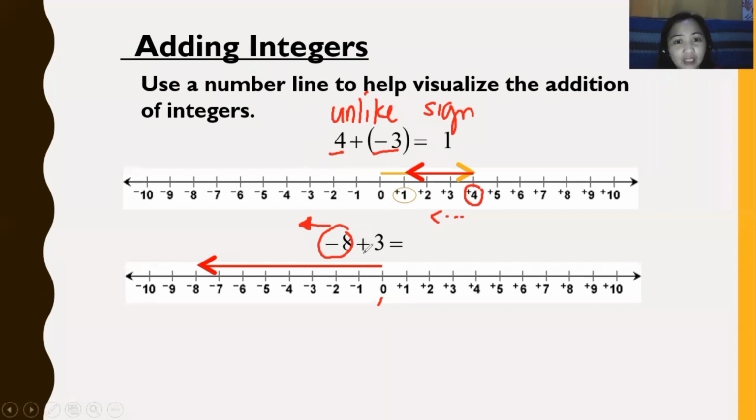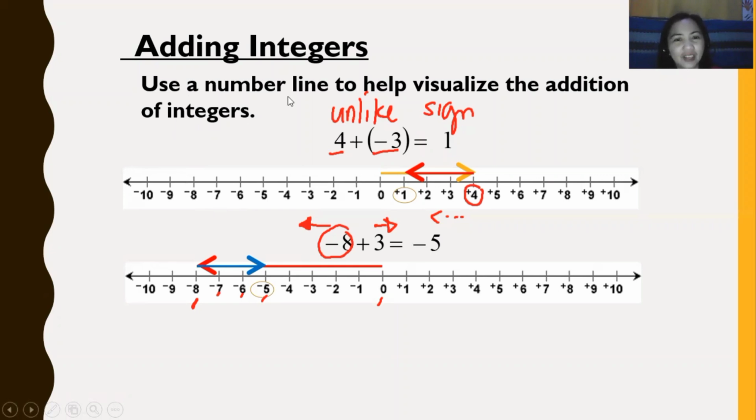Since the number is positive, our counting should be going to the right. From negative 8, we will count 3 units to the right. 1, 2, 3. And that is negative 5. Therefore, negative 8 plus positive 3, the answer is negative 5.